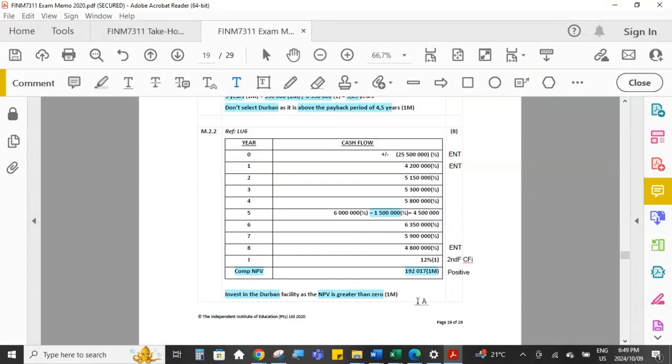I'm going to just enter something here so that I can check if I'm going to do this right. Second function, CFI. And then on the screen, you will see that the writing on the screen says rate, and in brackets I/Y, and you then enter in 12 and press enter.